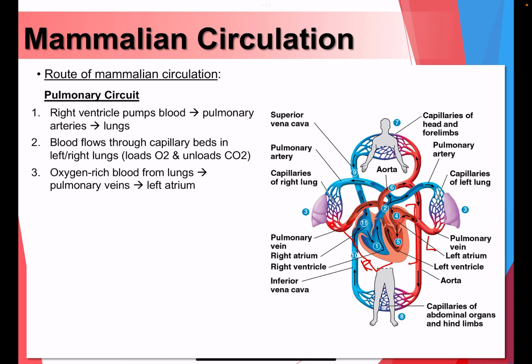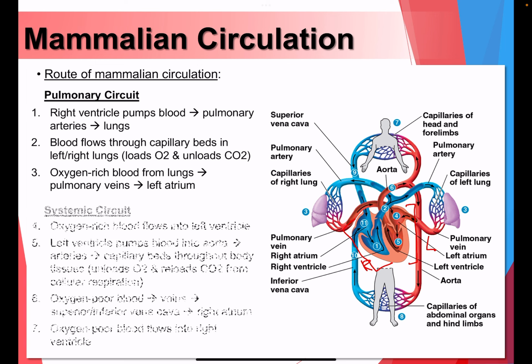Then our oxygen-rich blood, now full of oxygen and also low in carbon dioxide, will go back into the left atrium of the heart. So that's why this left atrium of the heart is red. Okay, so that completes the pulmonary circuit from the right ventricle all the way to the left atrium.